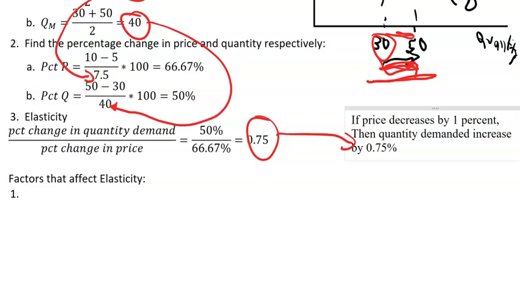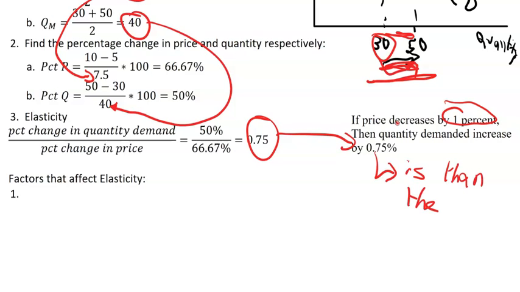So what factors affect this? This is telling us that whatever the change in price, the response is less than the change in price. So let's think about some products. Let's say you have something very essential, like electricity. We need electricity almost on a daily basis to keep our homes cool, to watch TV, to run our computers, to work, or to do any other things.